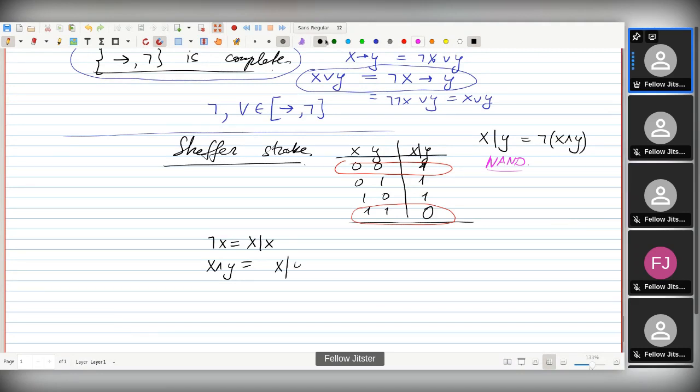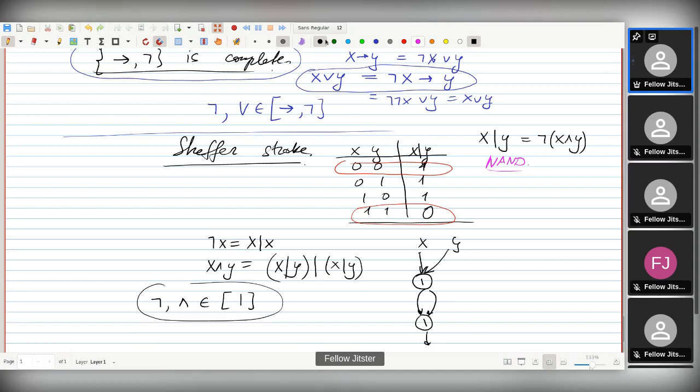First of all, we apply our stroke and then negate the value. So it appears that this circuit computes conjunction. So we see that both negation and conjunction are computable over just one function, this stroke. So this set of one function is complete.